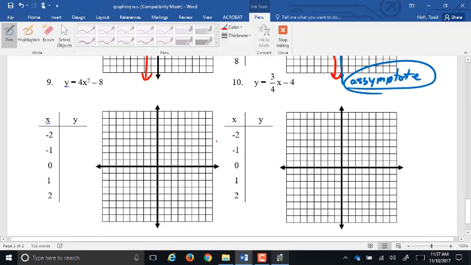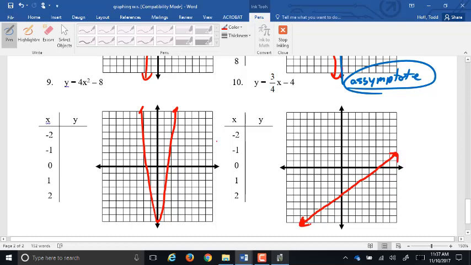Number 9. Again, like I said, most of you didn't get here, but that is a really skinny, narrow one of those parabola things that we were looking at. And number 10 is another line.